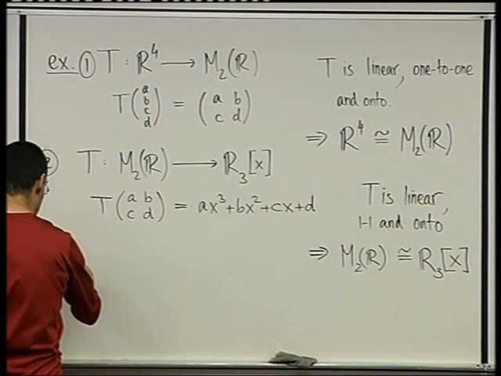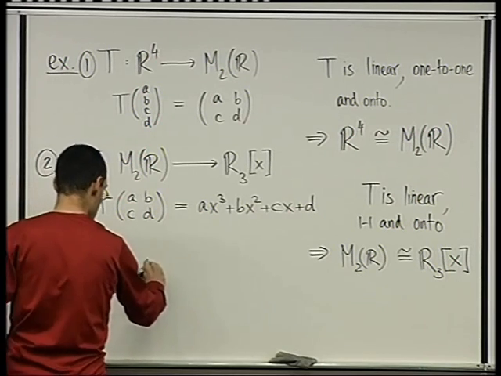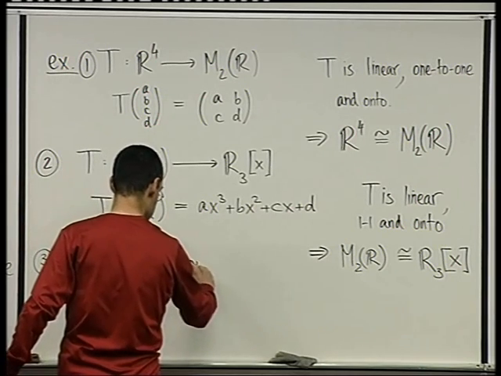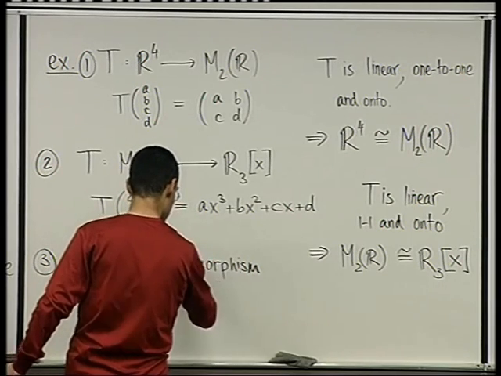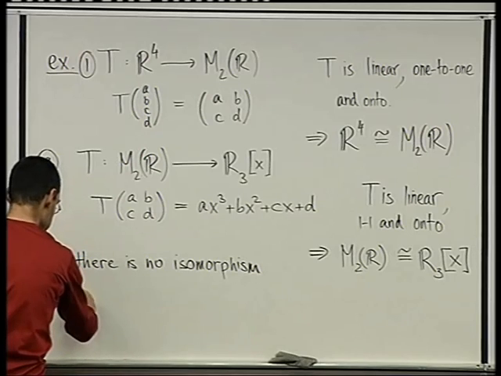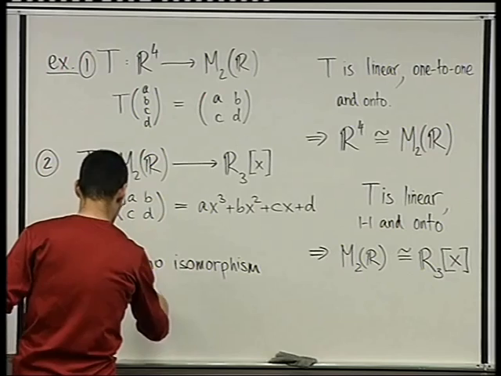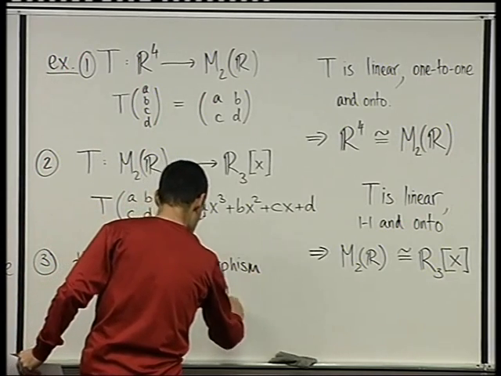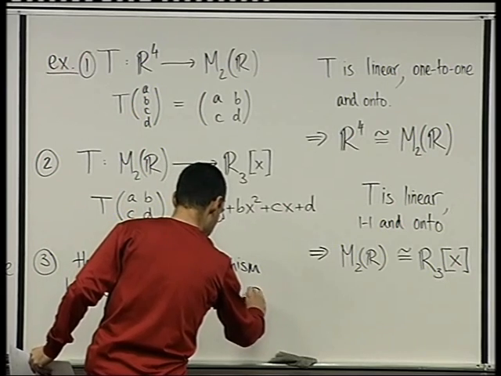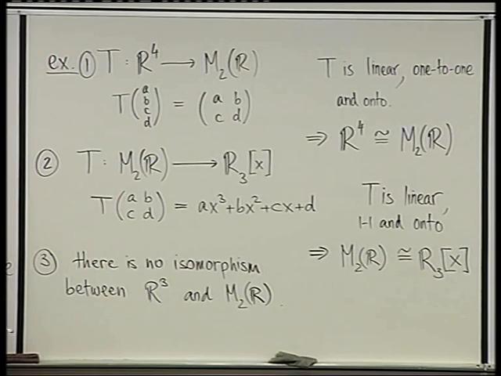This is a non-example. So there is no isomorphism between, let's say, R3 and M2 of R. Why is that?